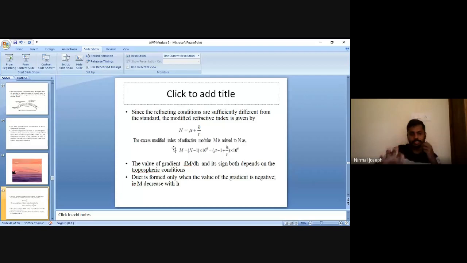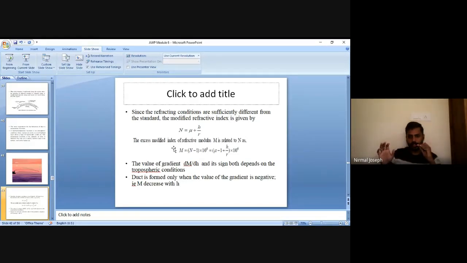So, just some mathematical equations of the phenomenon. Since the refractive conditions are sufficiently different from the standard condition, we use a modified refractive index. It is different from the standard condition, because in the standard condition the refractive index is supposed to decrease as we move upwards, but here it is not like that.